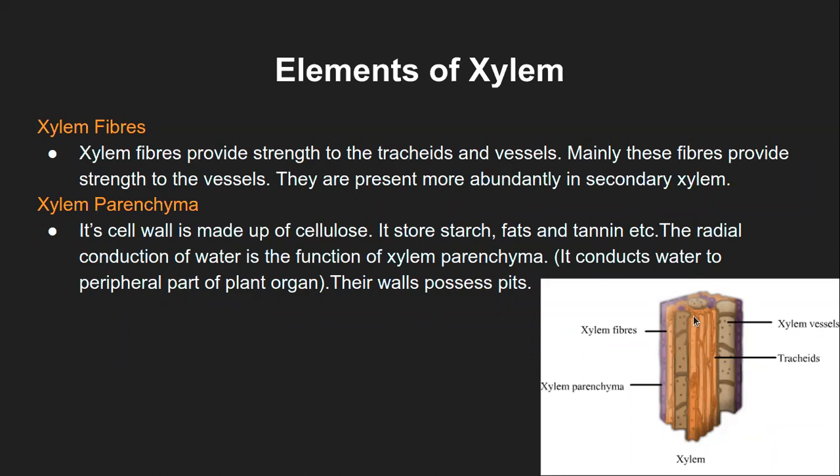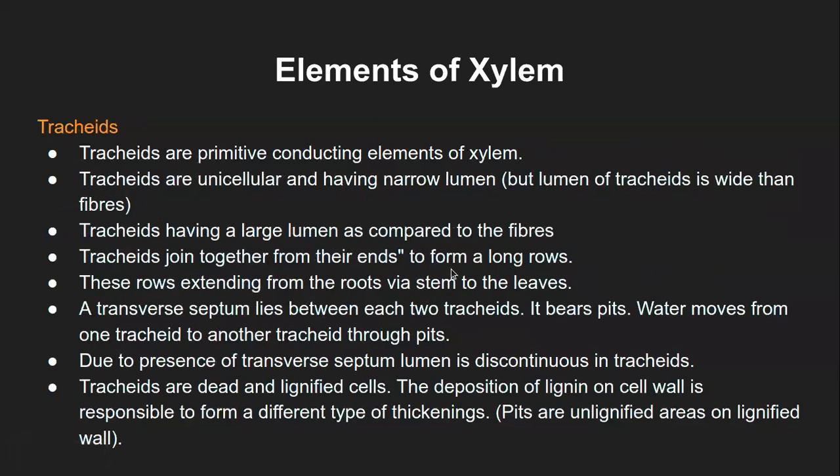That means this cell on the left side will end, and immediately at that end the second cell of the tracheid will start. So that's how they are arranged with each other so that they can form a continuous tubular structure or a long row of cells. These rows extend from roots via stem to the leaves. Like I said, xylem is present from root tips to the leaf. So they will be extending throughout the whole plant length.